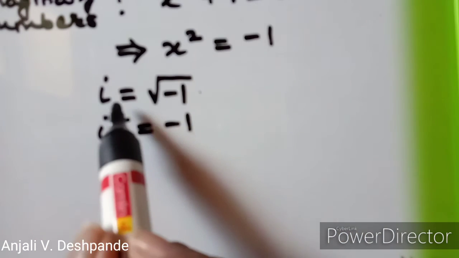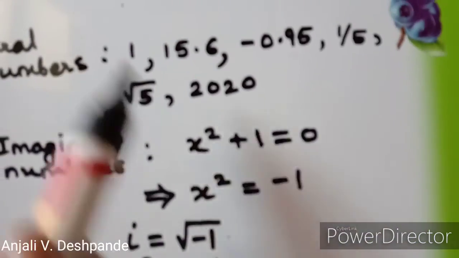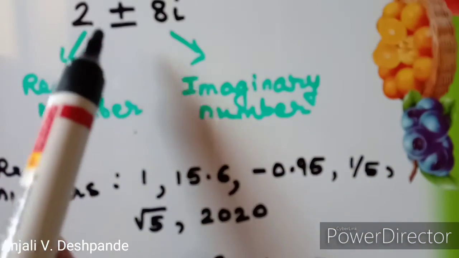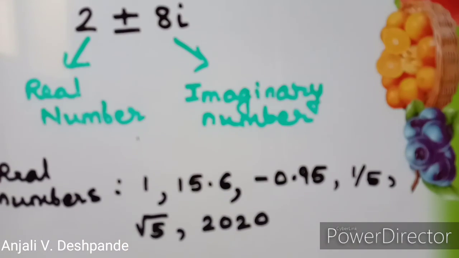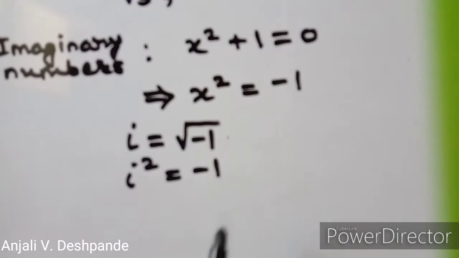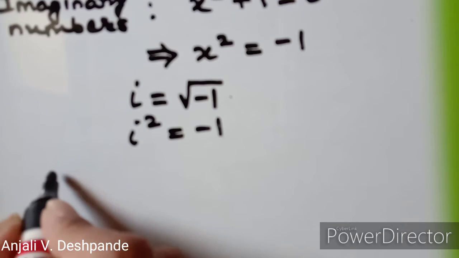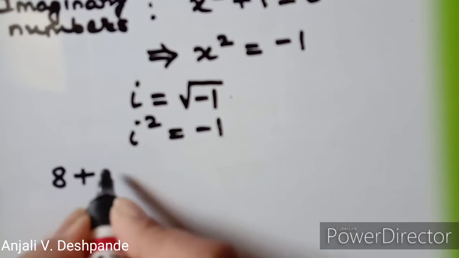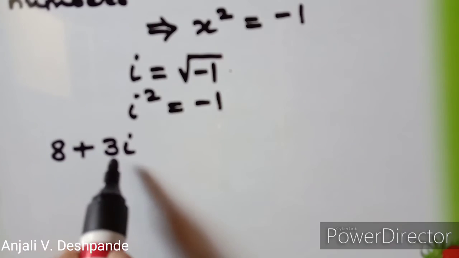So we make use of this i to define what is called a complex number, which we wrote over here. So the example which we had taken was 2 plus or minus 8i. So likewise we can define any type of a number in this form. Let's say 8 plus 3i. So here you can see that 8 is real.